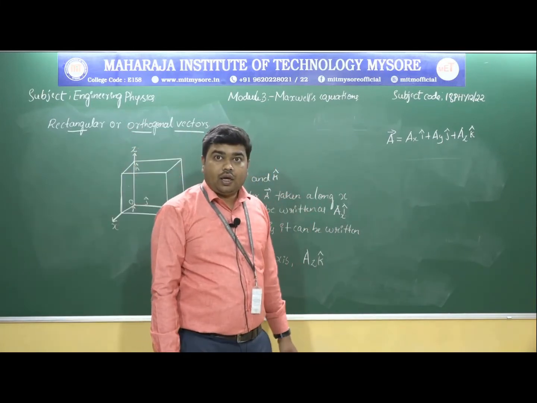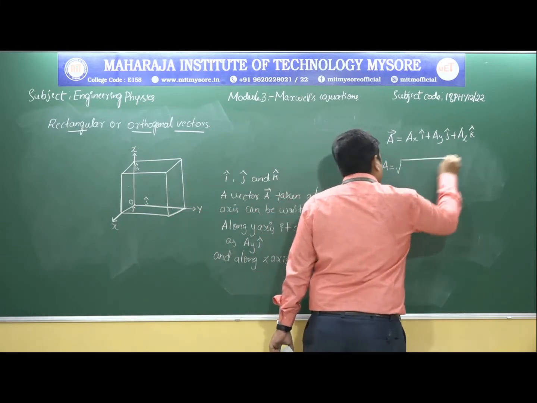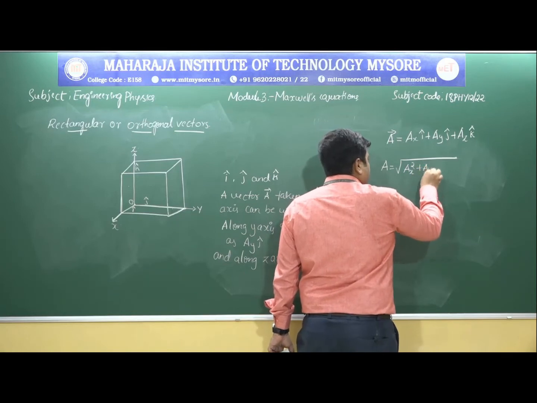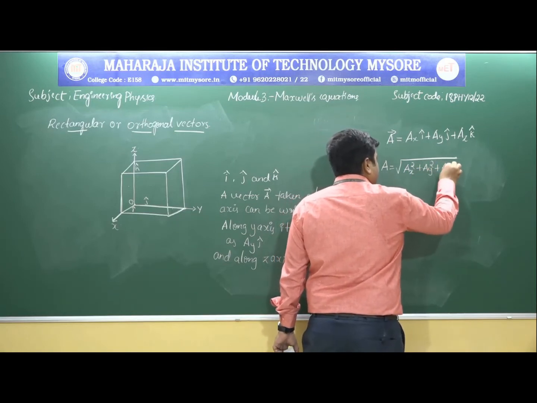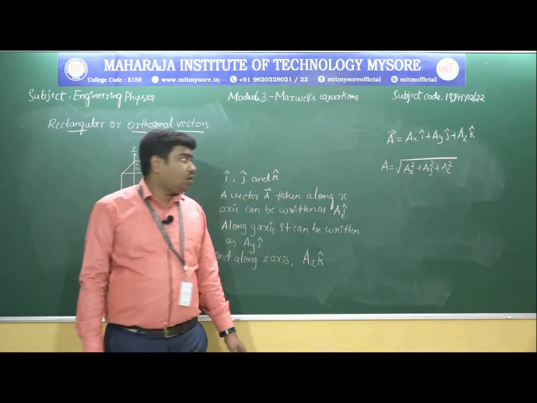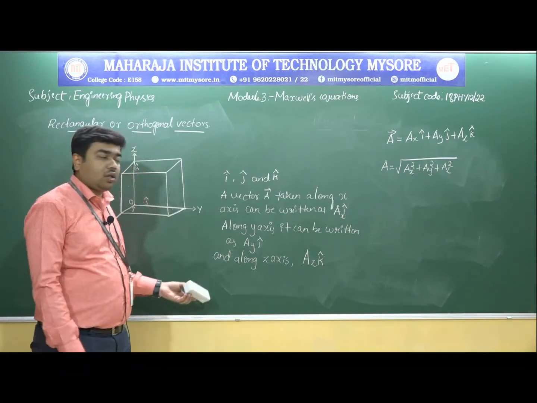The magnitude of vector A can be written as magnitude A is equal to the square root of Ax square plus Ay square plus Az square. So, this is how a vector A can be resolved into its orthogonal or rectangular components.